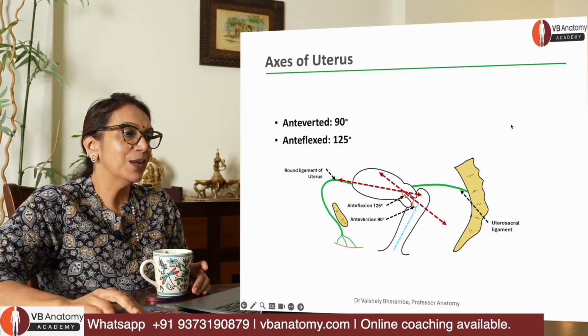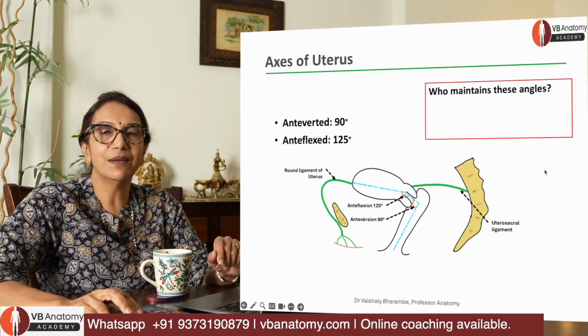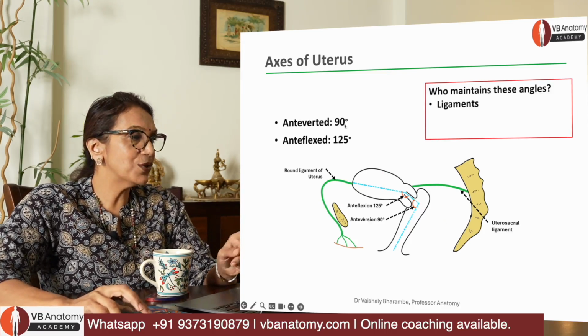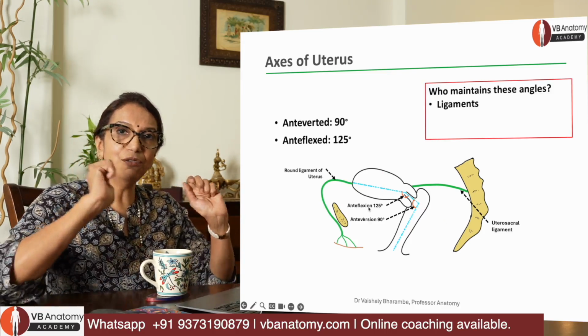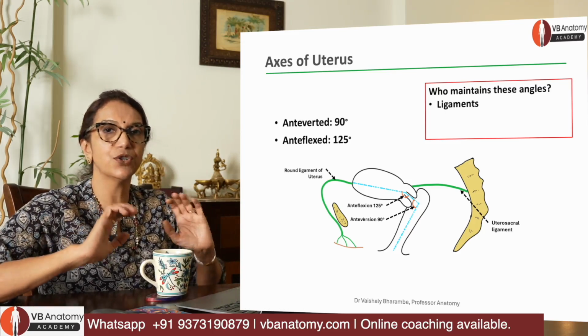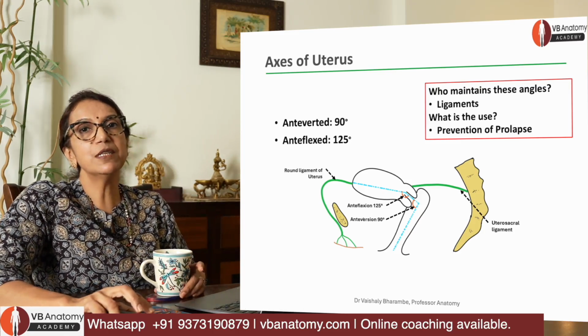So anyway, why are we discussing all this? How does it matter? Who maintains these angles? The round ligament of the uterus, you can see it here, kind of pulls the uterus forwards and down, holding it in that position. And why are we discussing this? Because it prevents prolapse.